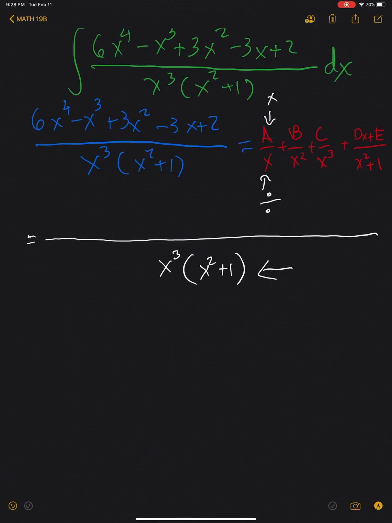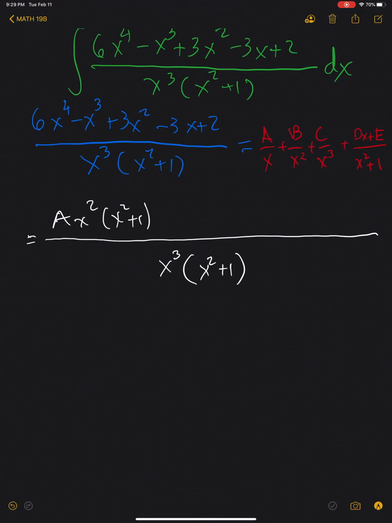That's the procedure that I'm going to repeat for every single term. The first part in here would be A times x squared times x squared plus 1. I grab the common denominator, divide it by the first fraction's denominator, and multiply by the first number.